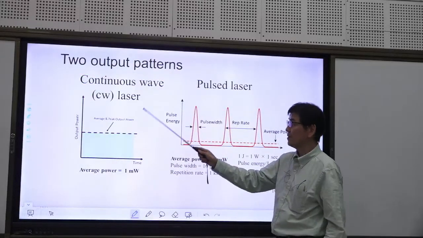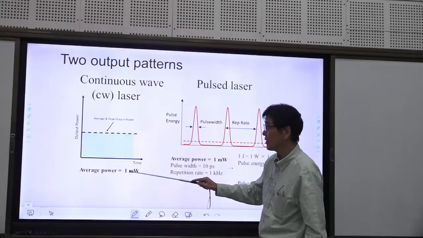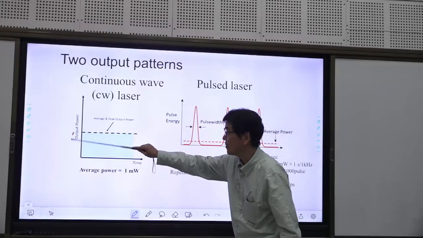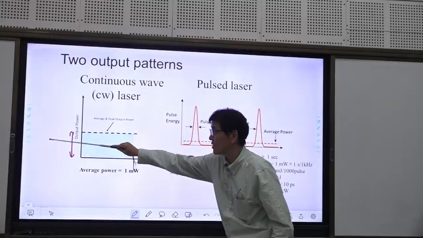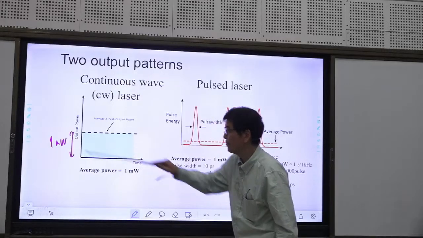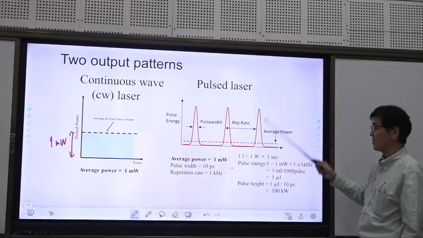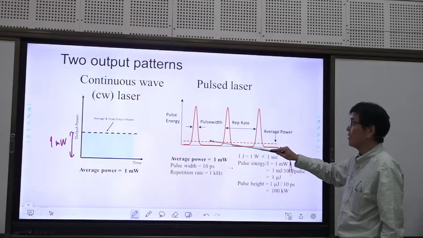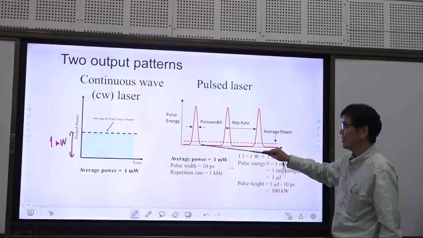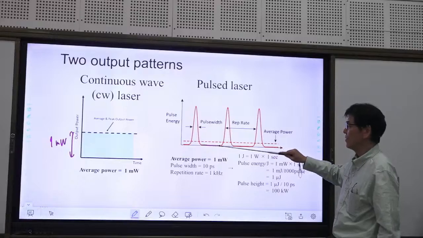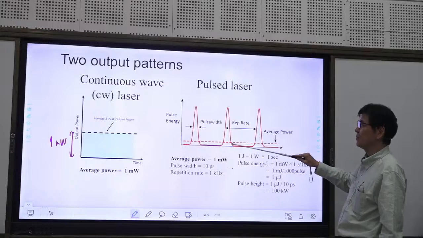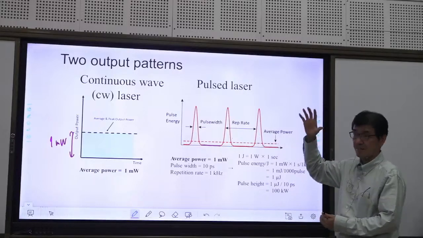When we set the average power 1 milliwatt, then this height is 1 milliwatt. On the other hand, in the case of pulse laser, most of the time it is dark. Only for a very limited time it becomes shiny.